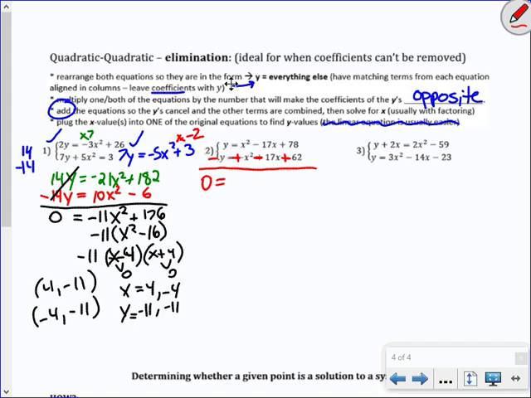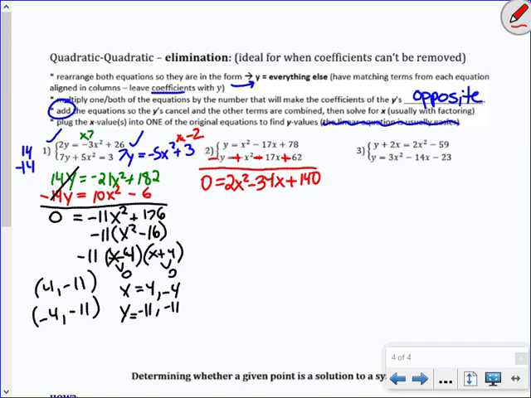So I have x squared plus x squared, which is 2x squared, negative 17x plus another negative 17x, and then 78 plus 62, which is 140. If you had done the substitution method, you would have gotten to this exact same spot after doing the substitution. Now what do I do?